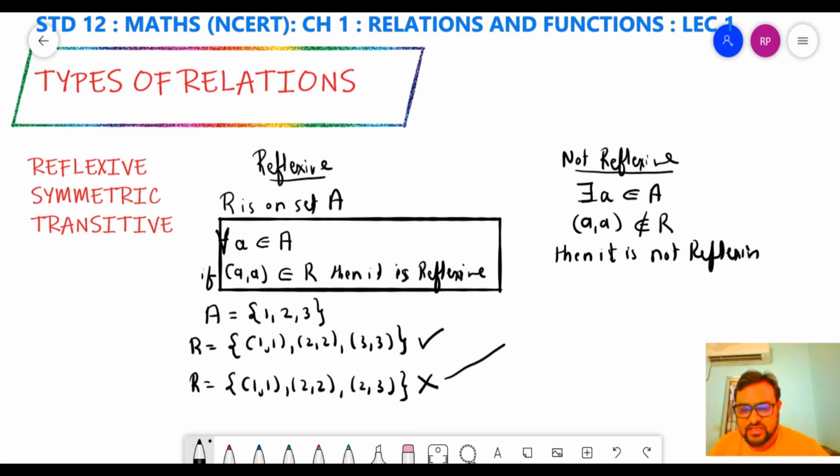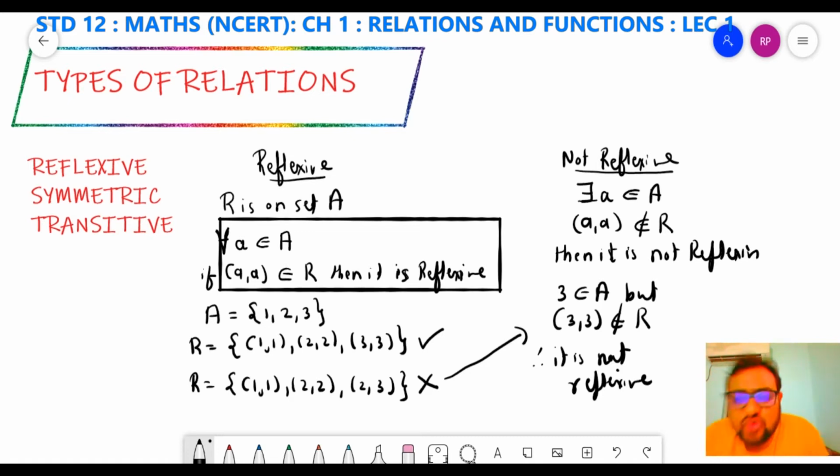Right? So in this case, I can say that (3, 3) does not belong to R. Means, see, 3 belongs to A, but (3, 3) does not belong to R. Therefore, it is not reflexive.